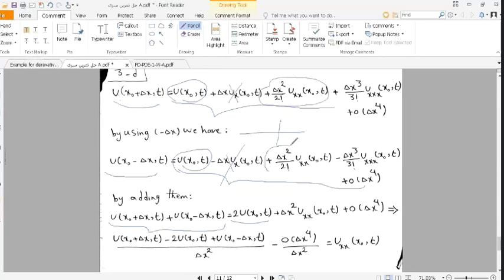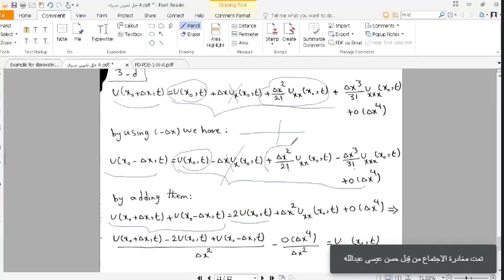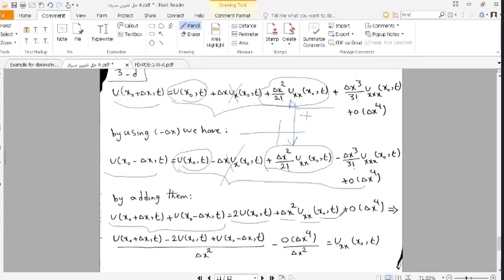When we add these two terms with each other, we have delta x2 uxx at x0 and t. 2 factorial and 2 factorial means 1 over 2 plus 1 over 2, and the result is 1. And we have delta x2 uxx at x0 and t.